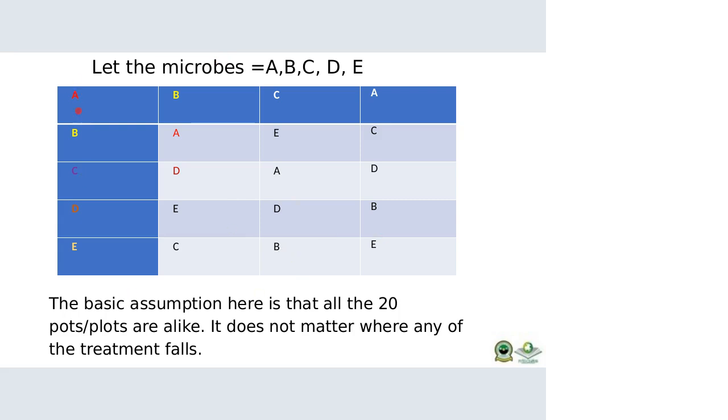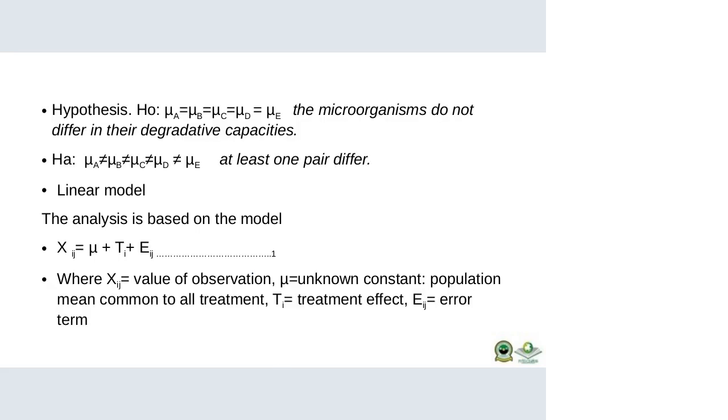Remember, if you're checking replicate 1, all the treatments are represented. Replicate 2, all the treatments are represented. Replicate 3, all the treatments are represented. So this particular layout is referred to as completely randomized design.